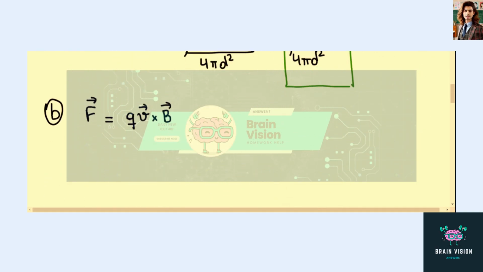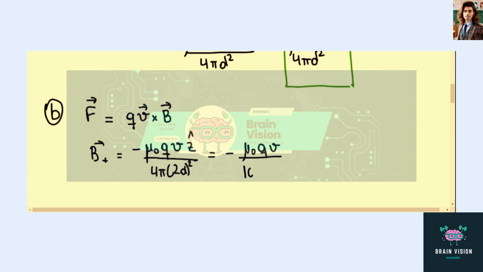The difference is that in our case now, the distance is 2d since we're interested in calculating the magnetic field at the negative charge. So B is minus mu 0 q v z divided by 4 pi times 2d squared. This is minus mu 0 q v divided by 16 pi d squared z.